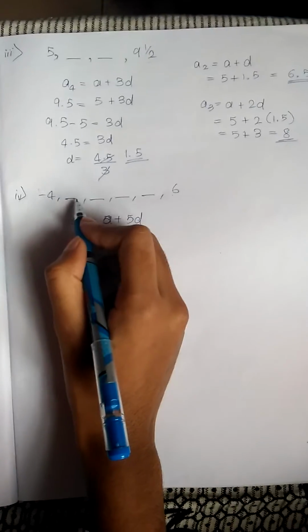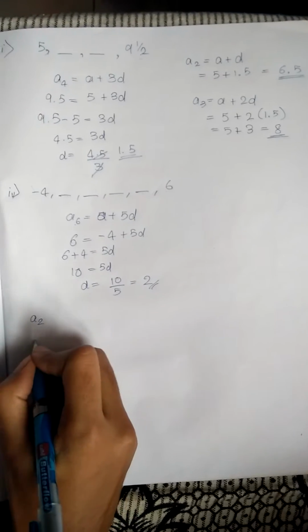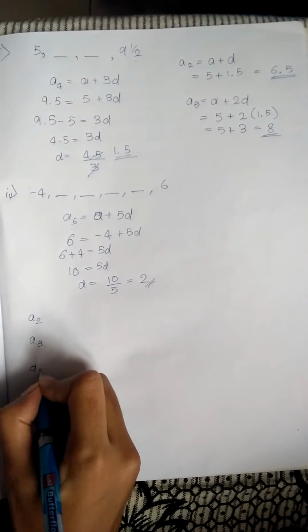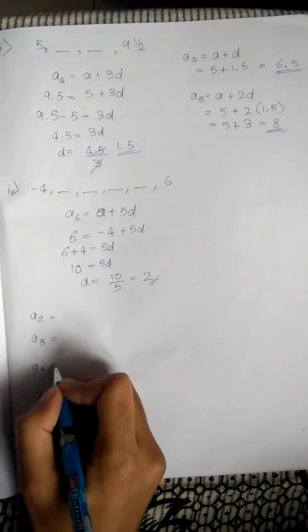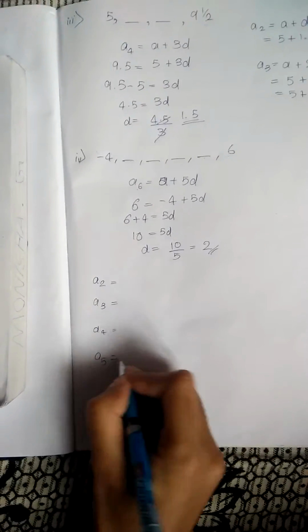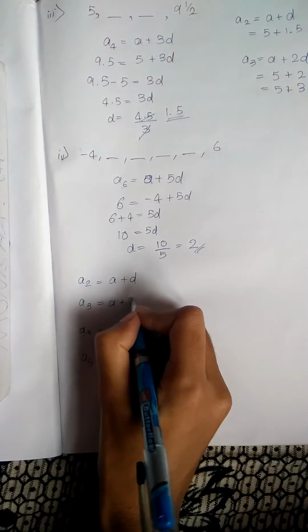Now let's find out the second, third, fourth and fifth terms. The second term can be written as a plus d. The third term is a plus 2d.